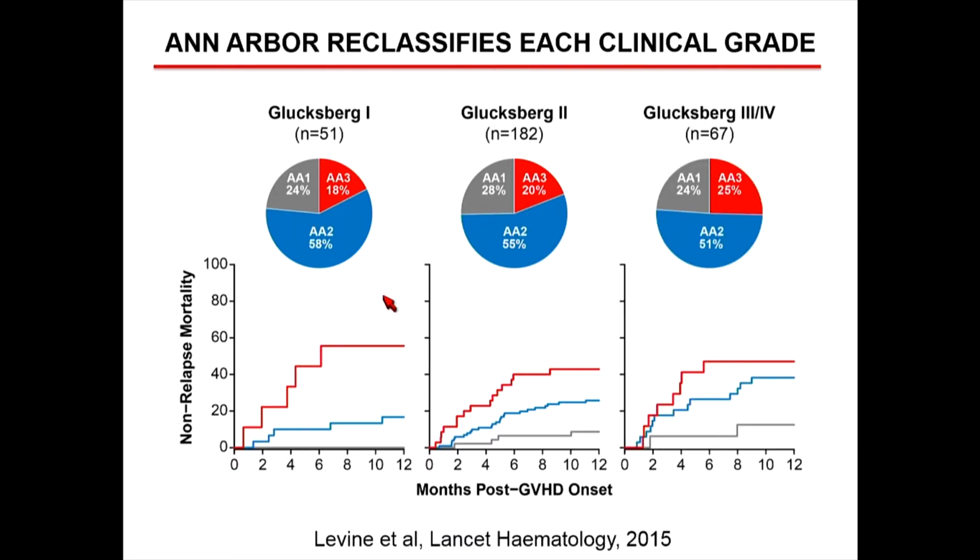And perhaps most surprisingly, even those patients who presented with more than a liter of diarrhea and who would be considered overall grade 3 by this grading scale, a quarter of them were actually low risk, about half of them were intermediate risk, and a quarter remained high risk.